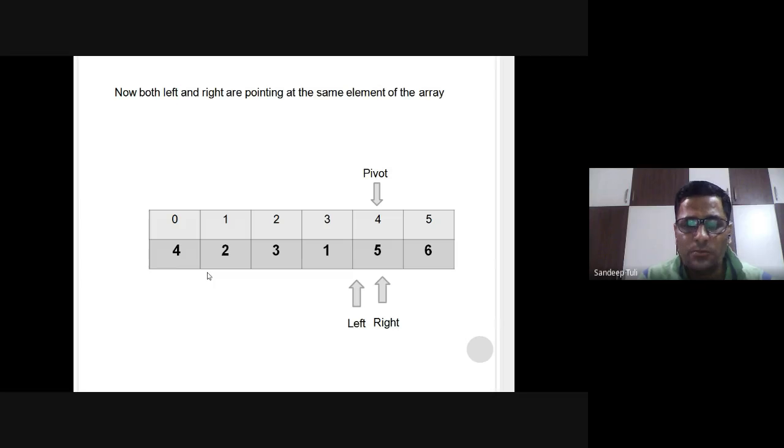It could be the last, the middle one, the second, the fifth, whatever it is. How you choose the pivot element also depends on logic; sometimes we take the element which needs the minimum swapping.